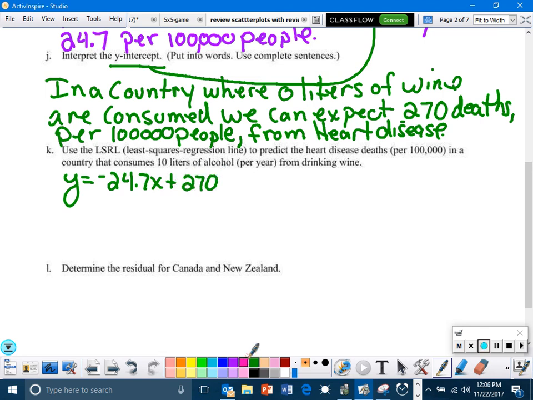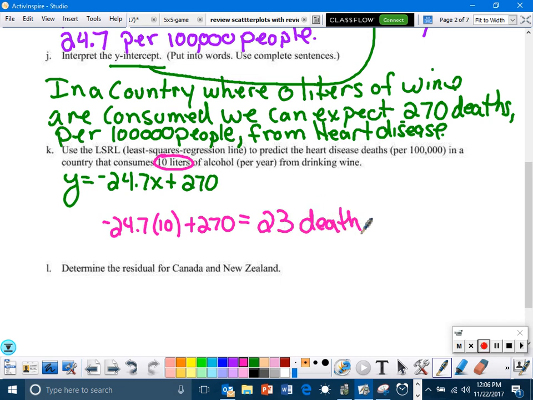I'm going to plug in 10 liters of alcohol. So negative 24.7 times 10 plus 270. You can type that into your calculator and you're going to get 23. That means 23 deaths per 100,000 people.